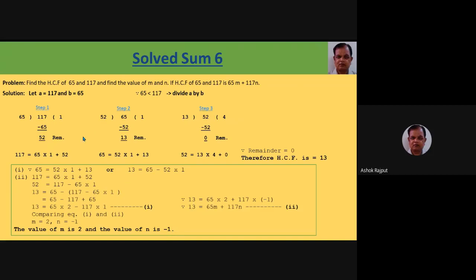The question may be different, numbers may be different, and there may be mn and other symbols also. So first we find the HCF and check if it is correct, put it in the remainder form and arrange in mn form, and then we compare. After comparing this way we can find the values of m and n.